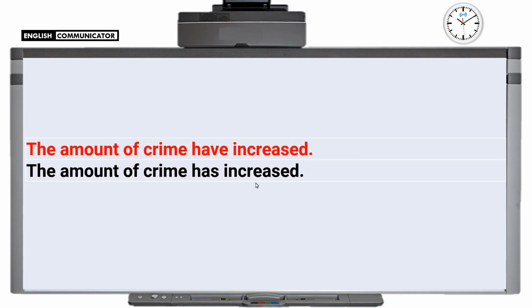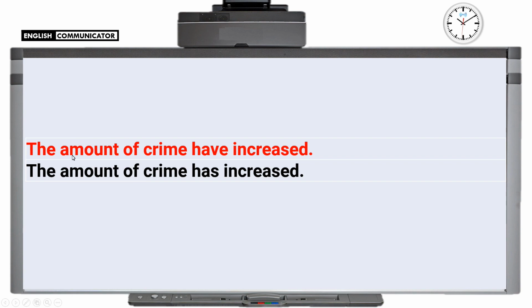And guys, the next sentence, the next error: the amount of crime have increased. You got the difference? The amount of crime has increased. Why can't we use "have"? Because crime is single. So why should we use "has"?